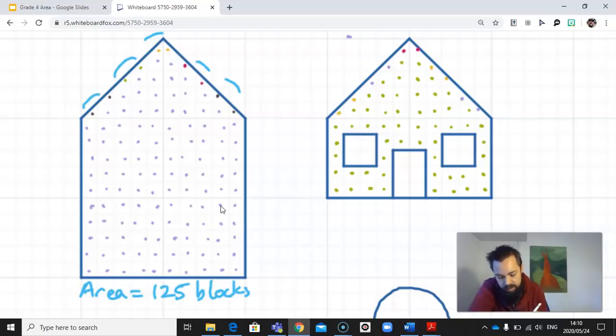And so the area of my house is, oops, let's write area is equal to 61 blocks.